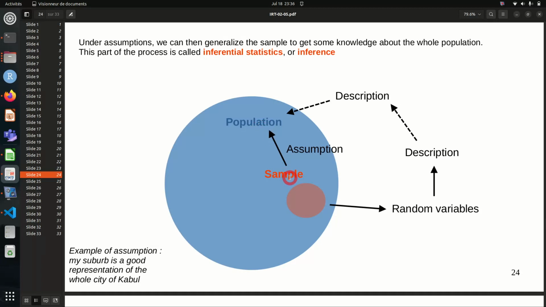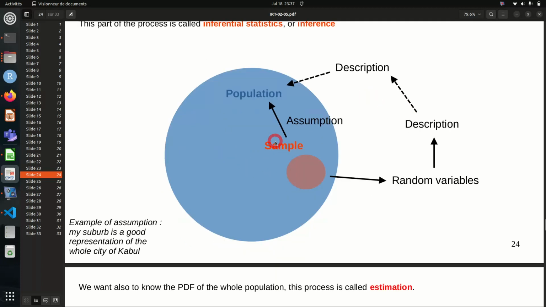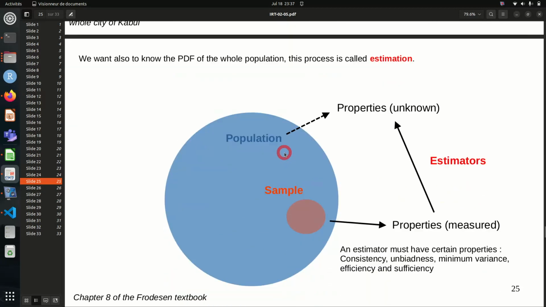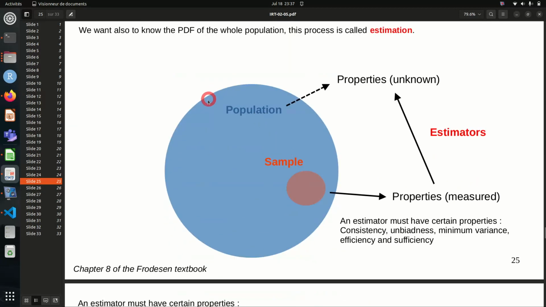For instance, we are going to say this village that I see is a good representation of the villages in all Afghanistan. So by doing that, I am able to extrapolate what I have seen here to know more about the whole population. So this whole population has a PDF that we cannot know.